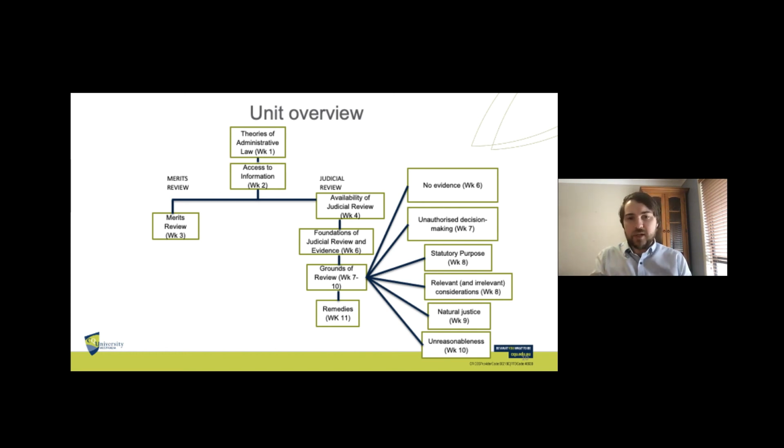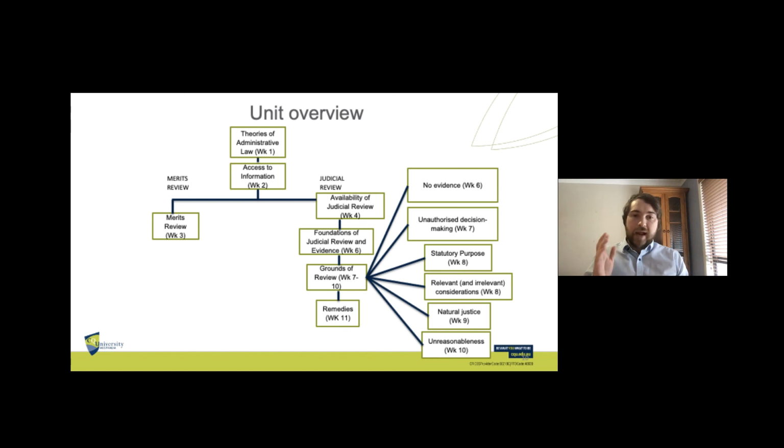In a separate video, I'm going to talk through this flow chart in more detail and explain more clearly how each of the weeks fits together. But very broadly, we're in week 1, obviously, we're talking about theories of administrative law, or we've talked about that.